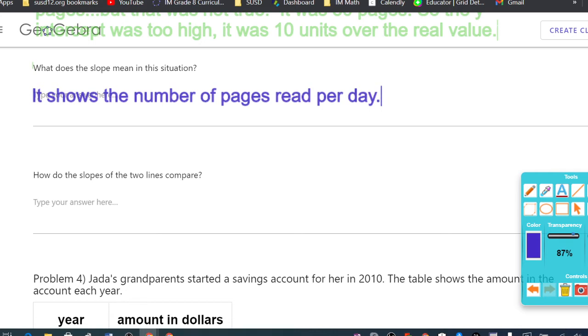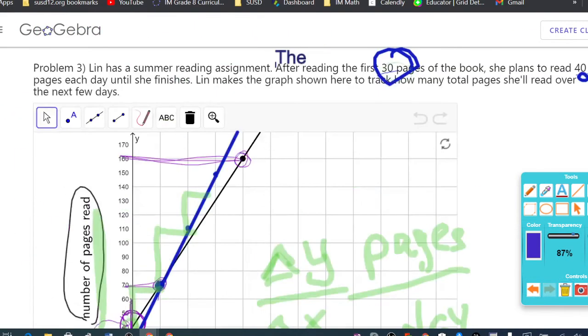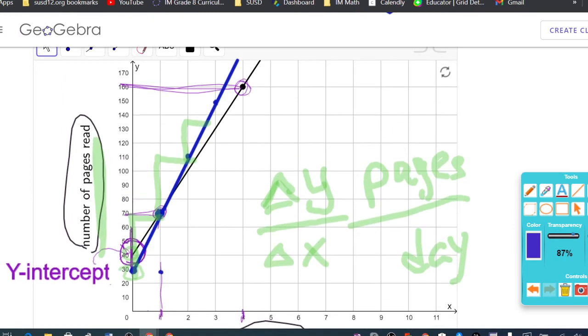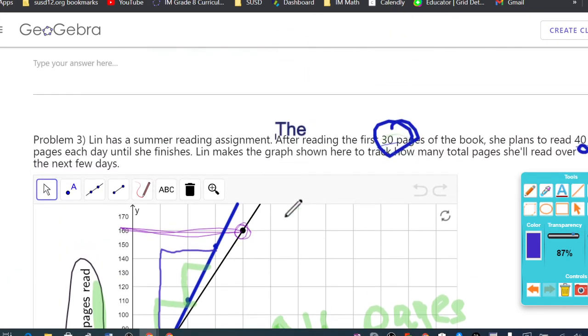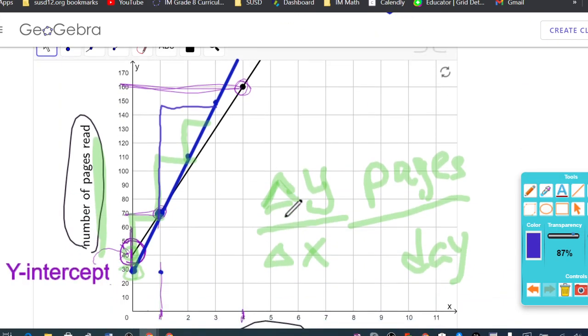How do the slopes of the two lines compare? Oh, you know, I didn't look at the slope of Lynn's original incorrect line. Okay, the correct line here has a slope of 40 pages per day. So from one day to 2 days, it goes up 40 pages per day.